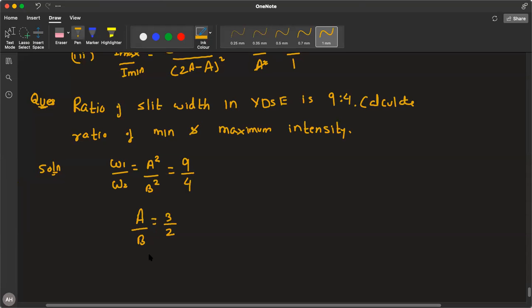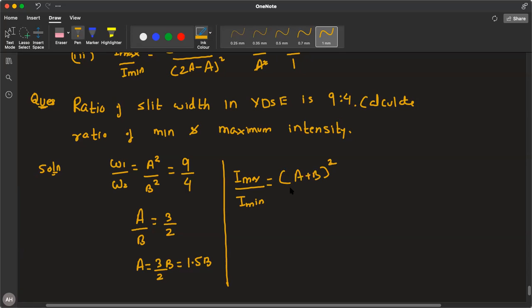So if A by B is 3 by 2, that means you can say that your A is 3 by 2 times B, or your A is 1.5 times B. So you need I max, good Sania, by I minimum, which is (A plus B) square over (A minus B) square.